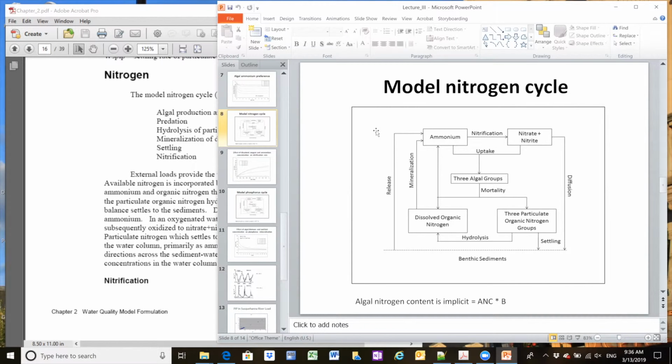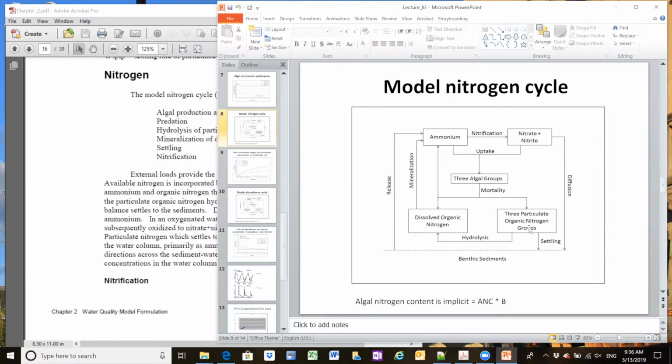So the model state variables: ammonium, nitrate, dissolved organic nitrogen, and the three algal groups. The reason they appear here, remember, is that we have to keep track of the nitrogen that's associated with the carbonaceous biomass, and then we have the three particulate organic nitrogen groups.